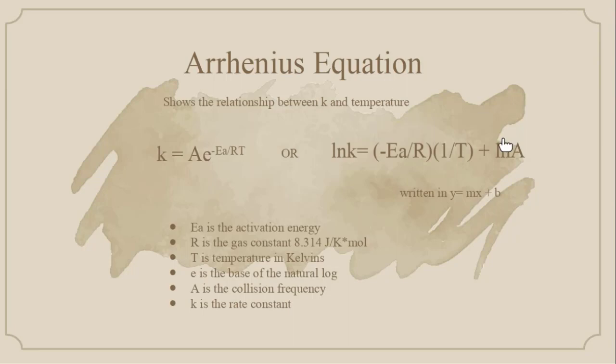So written like the y equals mx plus b format, what represents the slope here? Exactly. It's going to be negative EA over R. And then what about the y-intercept?